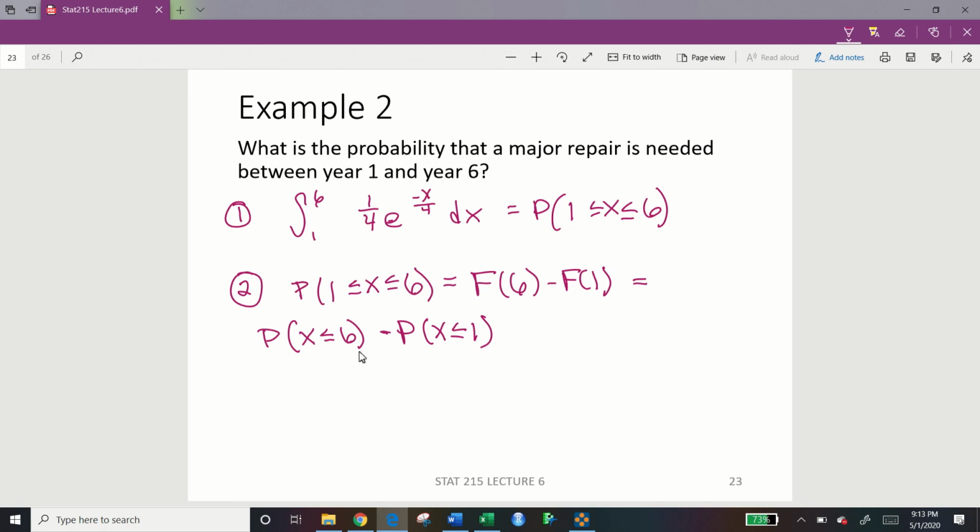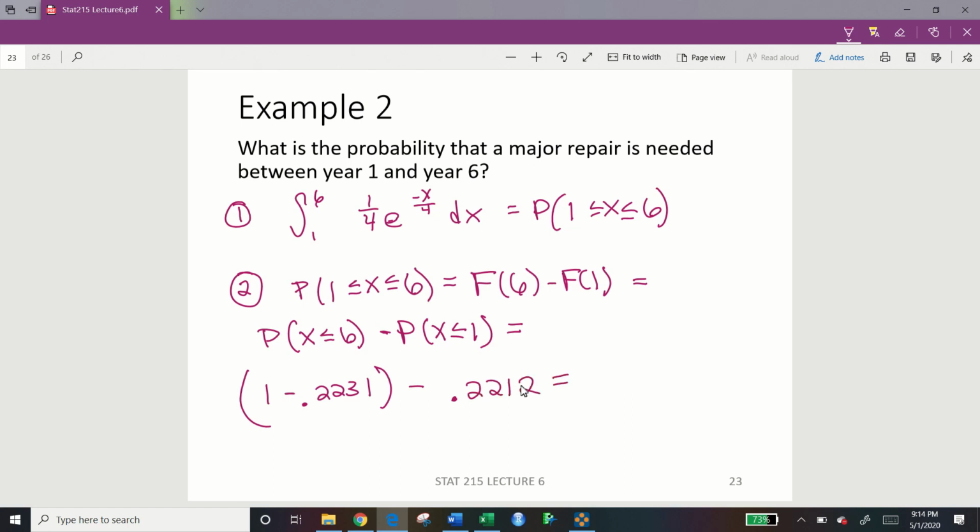At this point, we can use our rules. We know that the probability of x less than or equal to 6 is 1 minus 0.2231, hmm, and we know that the probability of x less than or equal to 1 is 0.2212.